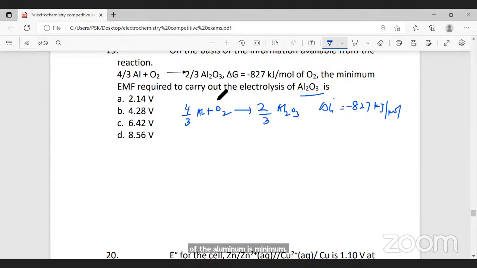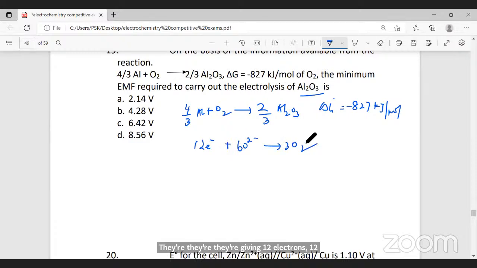Now, if you observe this equation, they are giving 12 electrons plus 6 O2 minus gives you 3 oxygen molecules. So as per this reaction, 6 O2 minus ions have to lose 12 electrons, only then you get oxidized to oxygen.